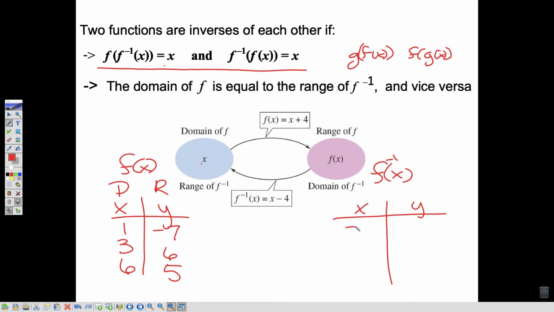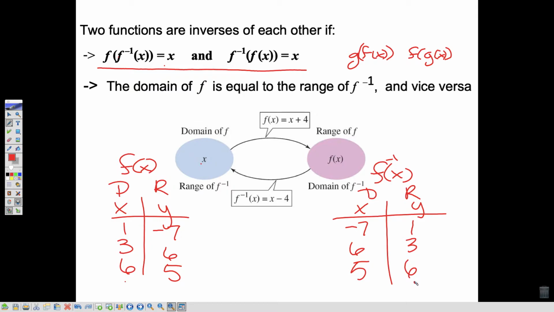So it would be negative 7, 6, 5, 1, 3, 6. And this is domain and this is range. The domain of f became the range of f inverse. Do you see that? That is actually what happens, guys.